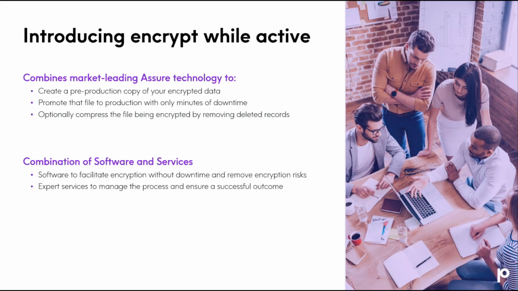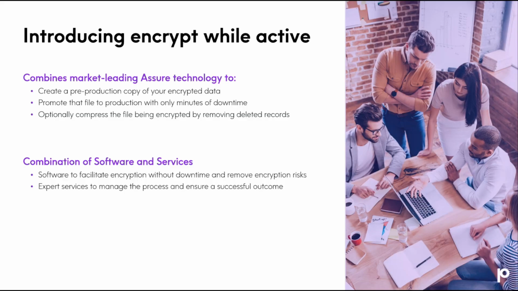And we have something in our software, the Mimix software, called Mimix Promoter, and the function is called copy active file. And so by combining the copy active file capability with the encryption, you can do an encrypt while active.